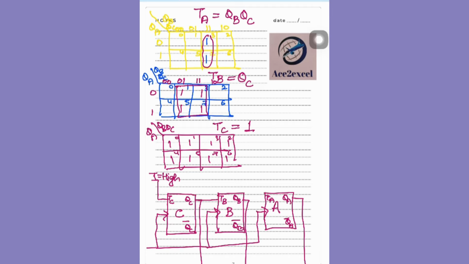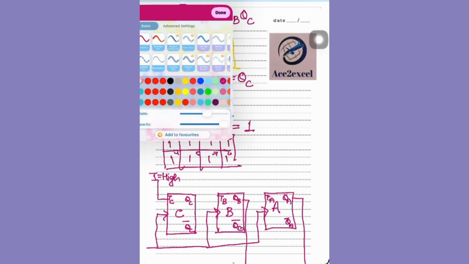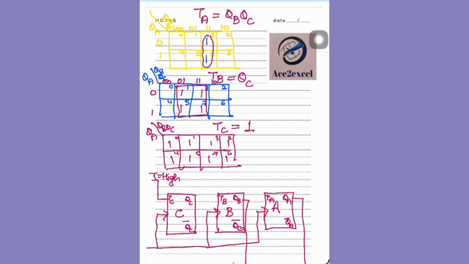So I am making the connections quickly. And I am changing the color so that you can understand that this is how the connection works. Now, next is TA. TA is getting two values. One is QB, another is QC. So I am taking it as QB and QC. Multiplication is required, so we need an AND gate.